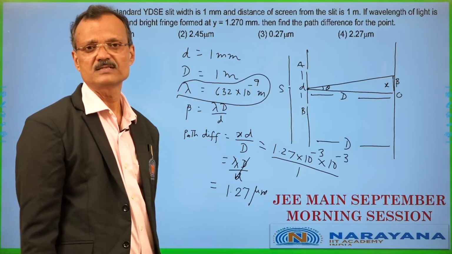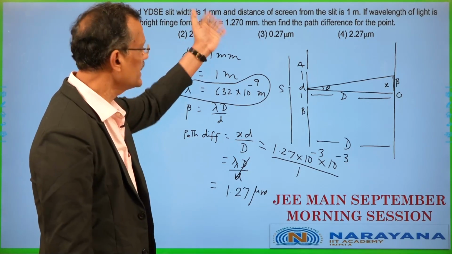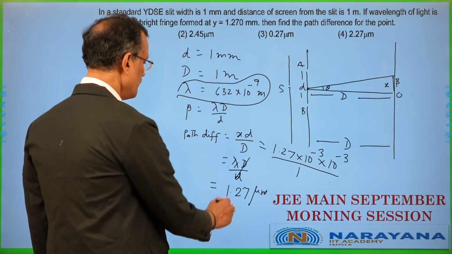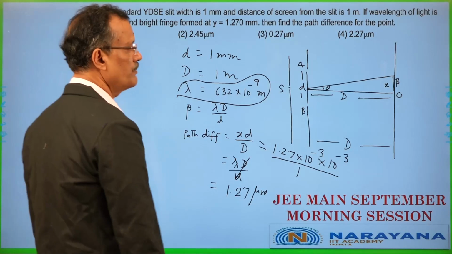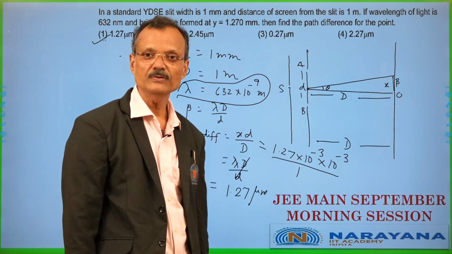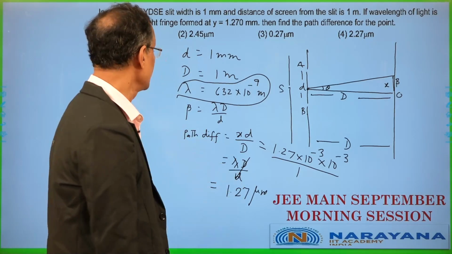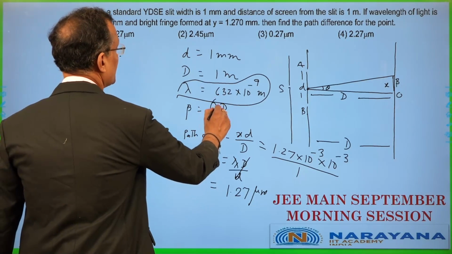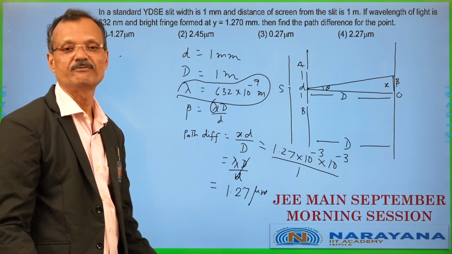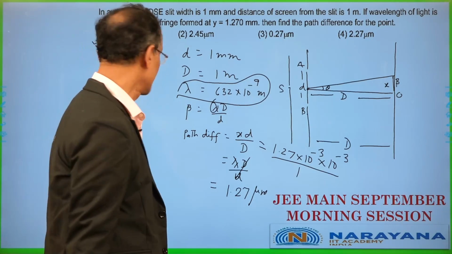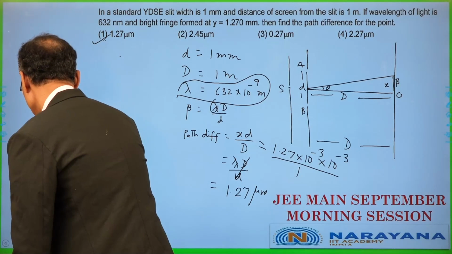They are not asking us the fringe width, simply x d by D, in which they have already given me x. So my answer is 1.27 micrometer. Clear to you? Understood now? If they were asking us the fringe width, then I might need lambda. So the lambda value they have given you only as a bluff, to confuse you. Now, let us move to the next problem.